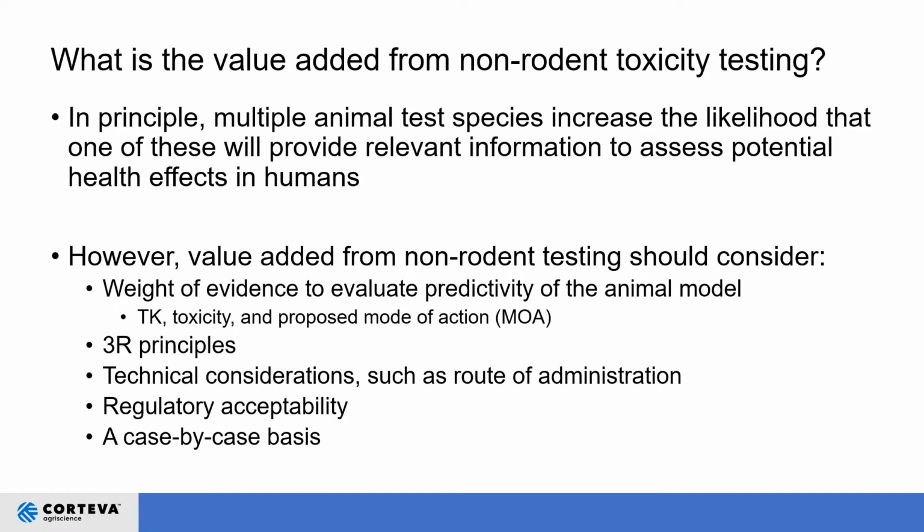In principle, multiple test species increase the likelihood that one of these animal models will provide relevant information to assess potential health effects in humans.